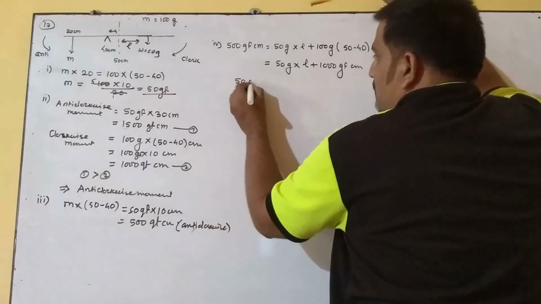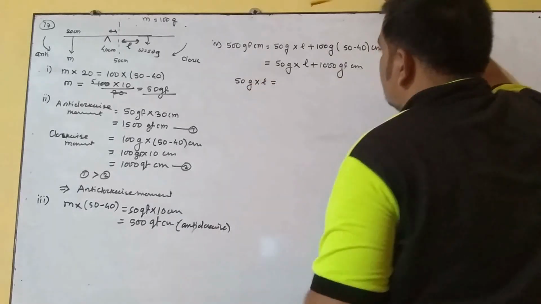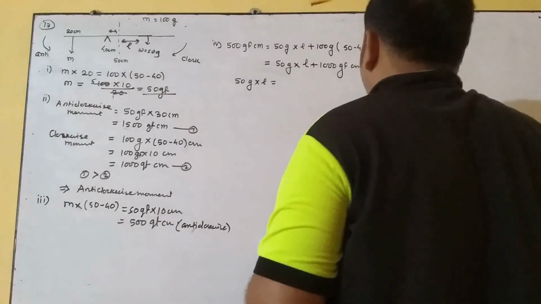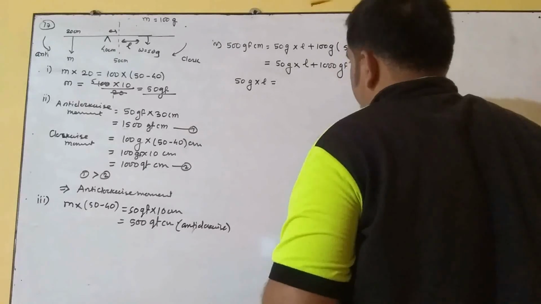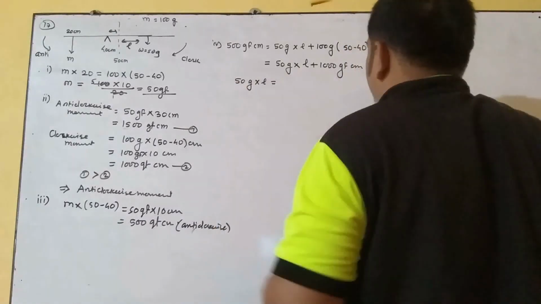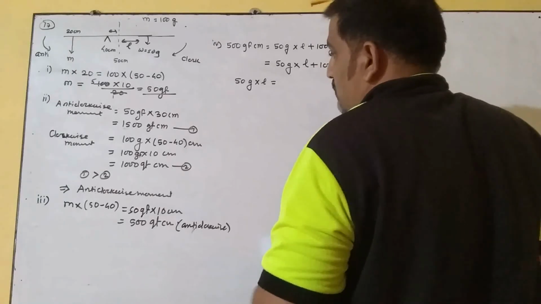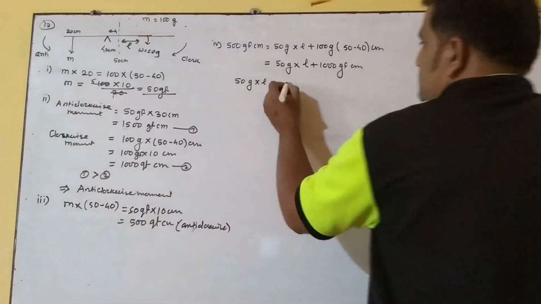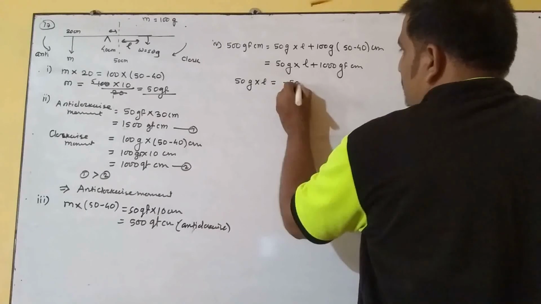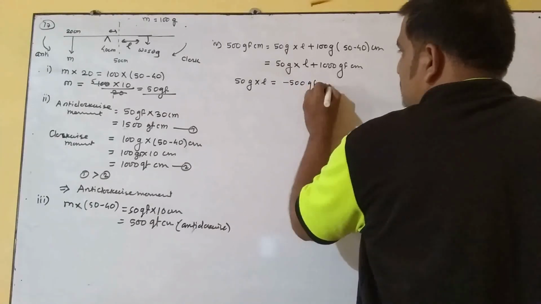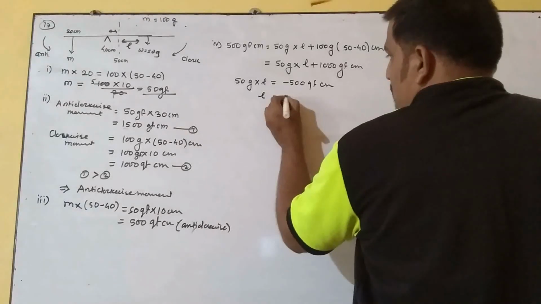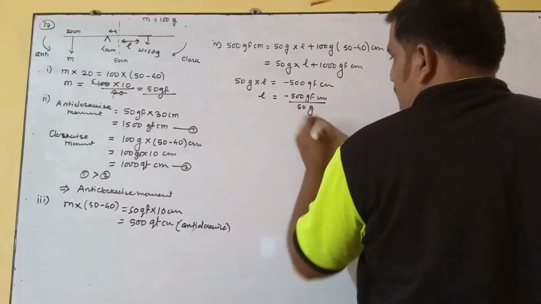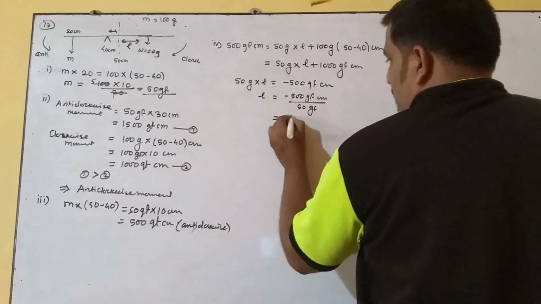So 50 G into L is 500 minus 1000, so it is minus 500 GF centimeter, right? Because turning is more on that side. 1000 is clockwise, the negative sign shows clockwise, so it is minus of 500 GF centimeter, and L is equal to minus 500 GF centimeter divided by 50 G, the GF cancels, and minus 10 centimeters.